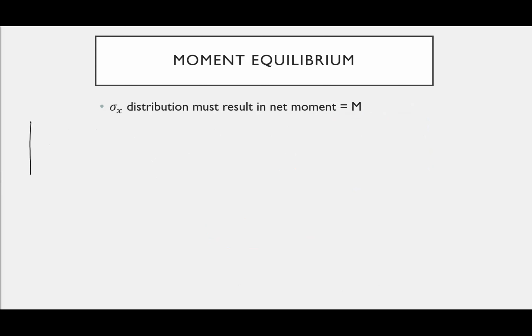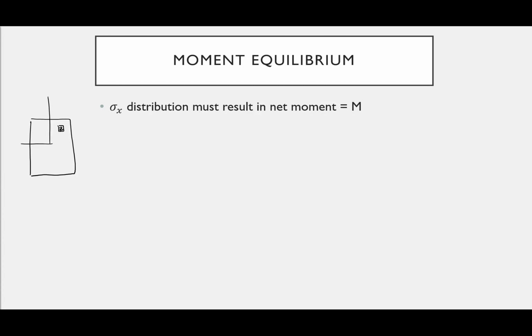So let's look at our cross section. So now we have these little material elements. Each one has a stress acting on it. And when we multiply that, or let's see, if we integrate just the stress, we get a force, right? Stress integrated over area is force. But we want moment.